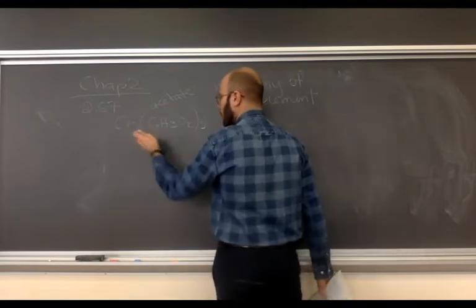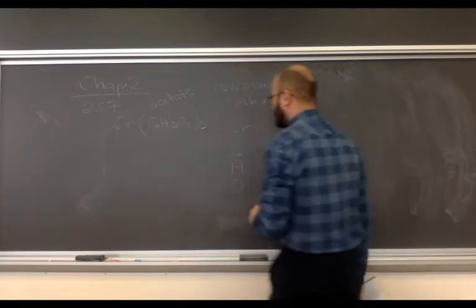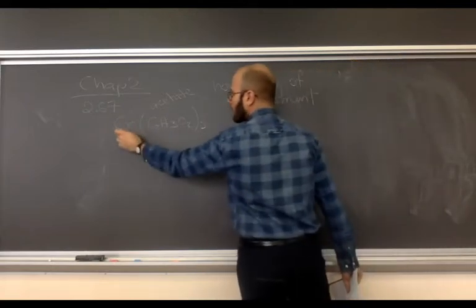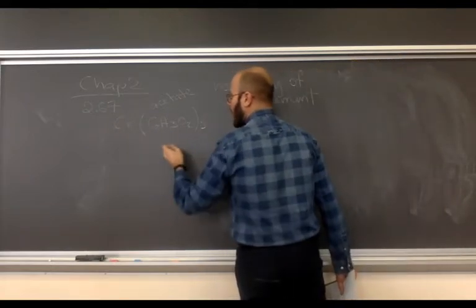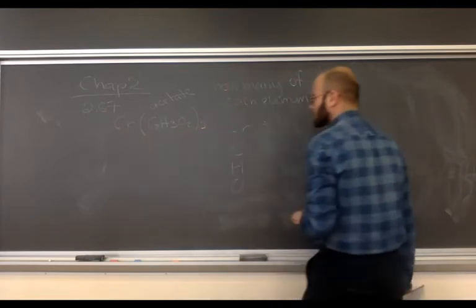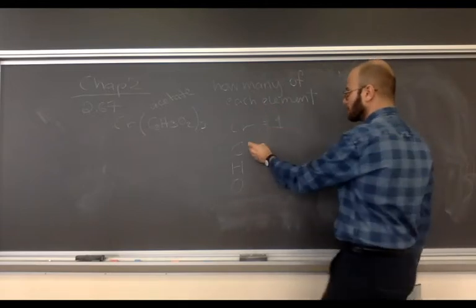There's technically 4 letters, but one is a single symbol, and then we have 3 other letters. We can see, for example, that we only have one chromium. There's no subscript here, and there's nothing multiplying it. This 3 is going to refer to what's in our parentheses. So we are going to have one chromium.